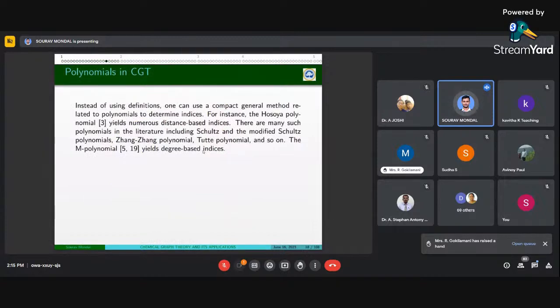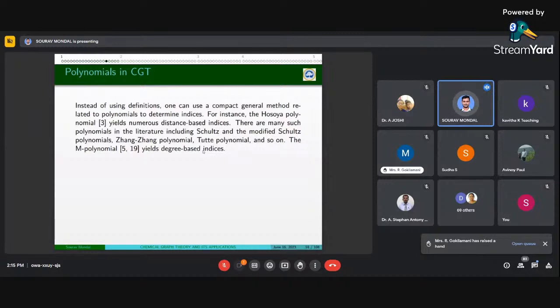Polynomials in chemical graph theory. Topological indices can be computed by their usual definitions, which is very laborious and time consuming while one intends to generate many indices of a certain category for a given family of graphs.